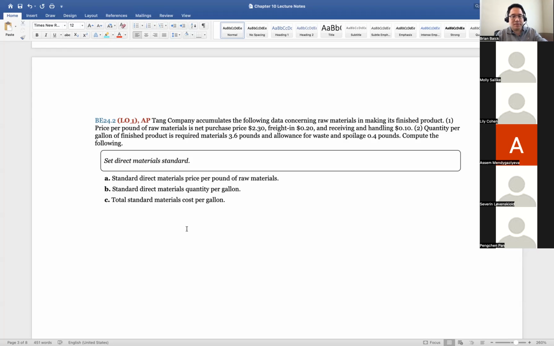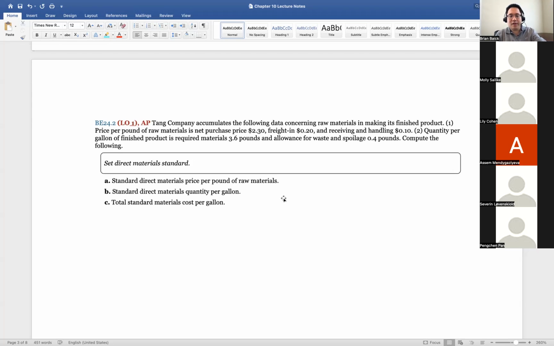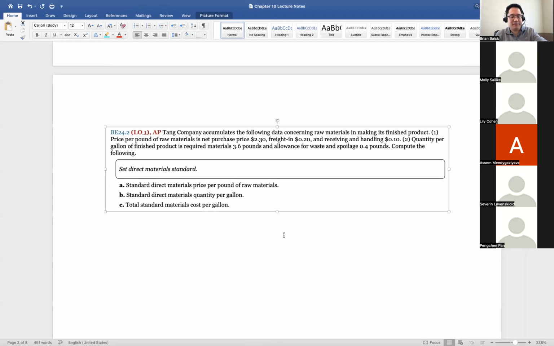Tang Company accumulates the following data concerning raw materials in making its finished product. Price per pound of raw materials is net purchase price of $2.30. Shipping is 20 cents. Handling is 10 cents. Quantity per gallon of finished product required is 3.6 pounds. Allowance for waste and spoilage is 0.4 pounds.